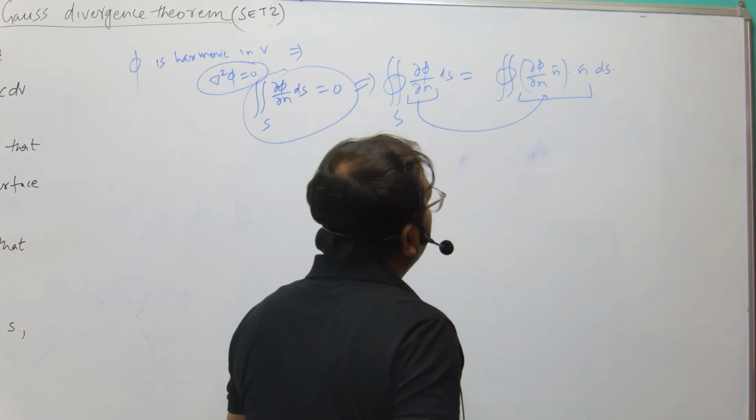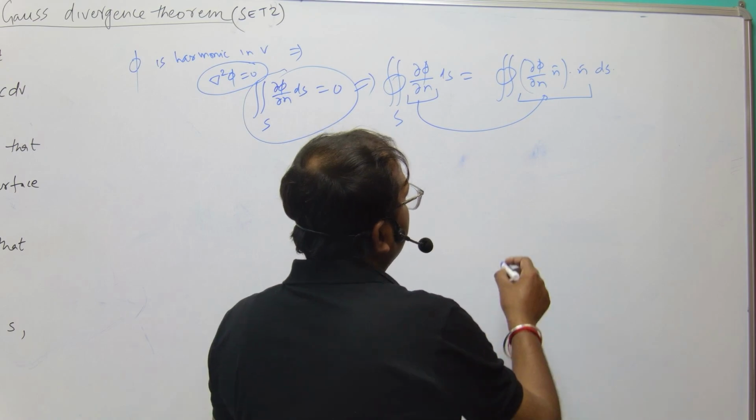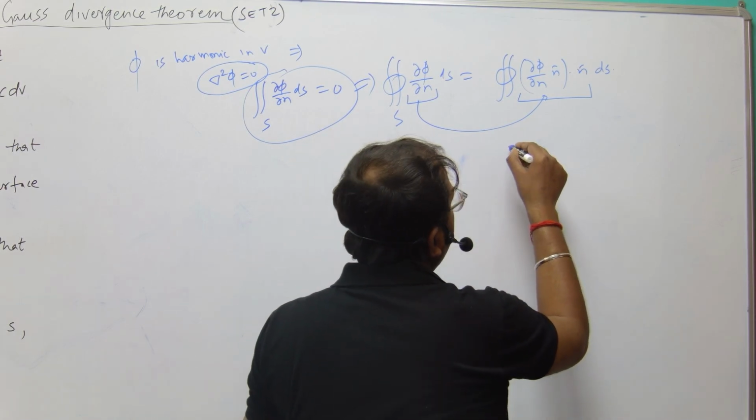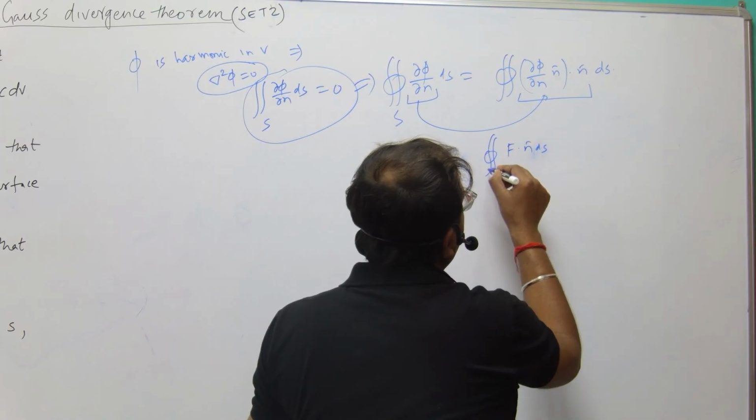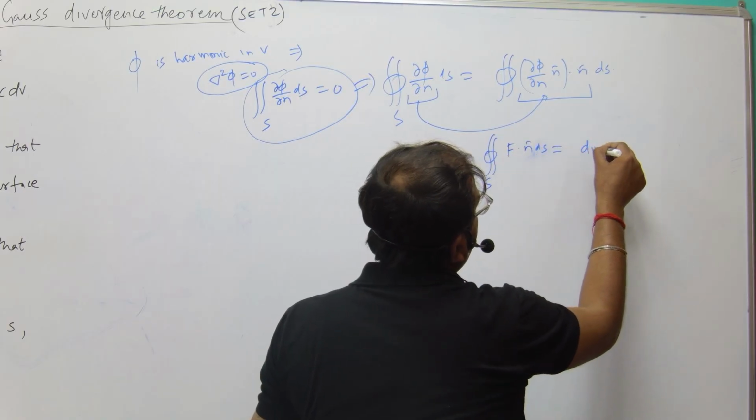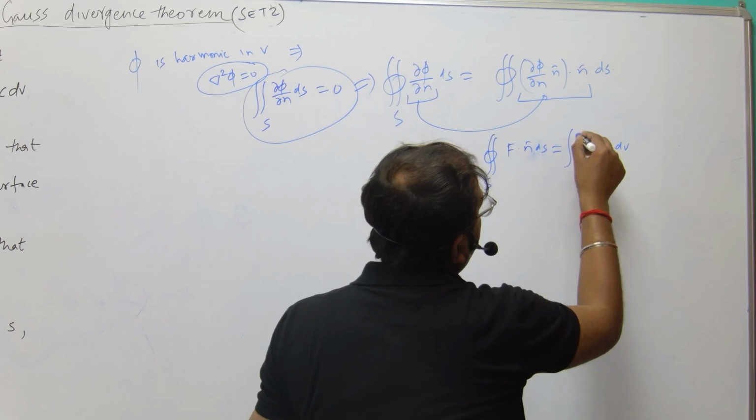This is similar to the expression for the Gauss divergence theorem: the surface integral of f dot n cap ds is equal to the volume integral of divergence of f dv.